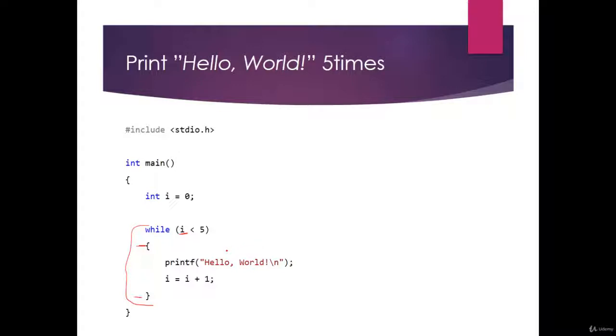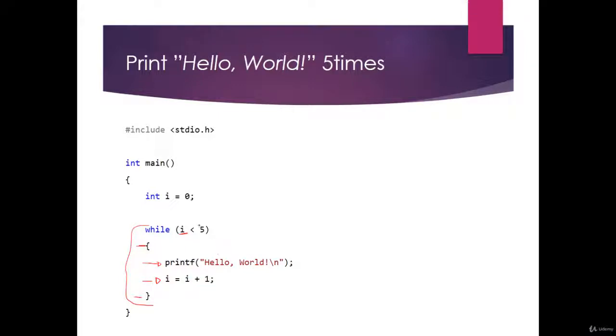Here we have the following two statements in the loop body. The first statement is the printf function, so that we print hello world, and the second statement is i = i + 1, which is used to increase the value of variable i by 1.